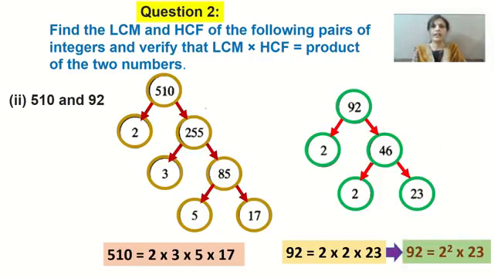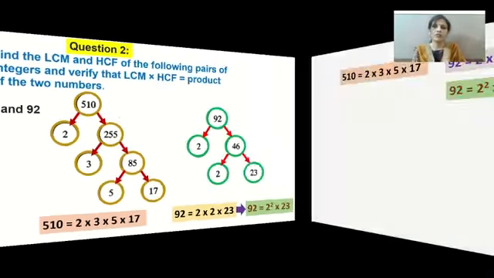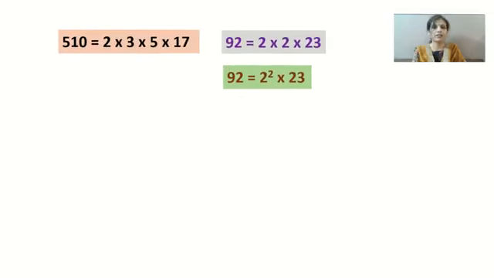Now once you find the prime factors, after that let's understand how to find out LCM and HCF. So look at this. These are our factors. 510 we have written all prime factors. 92 we have written all prime factors.